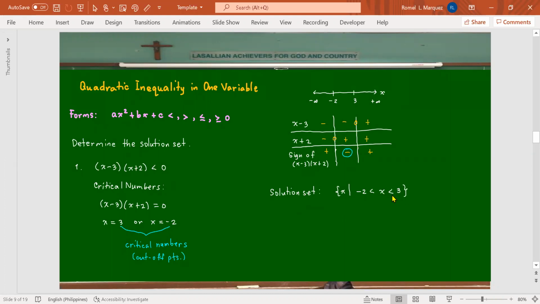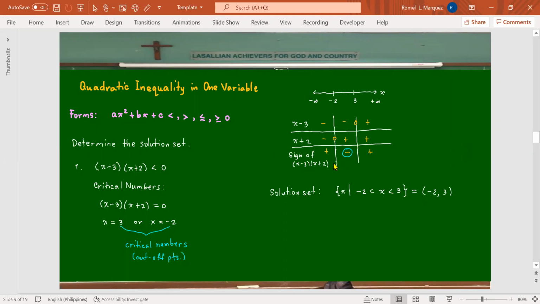Do I have to include 3 and negative 2? No, because this is just less than. But if it were less than or equal to, we would include the endpoints. Is that clear, children?